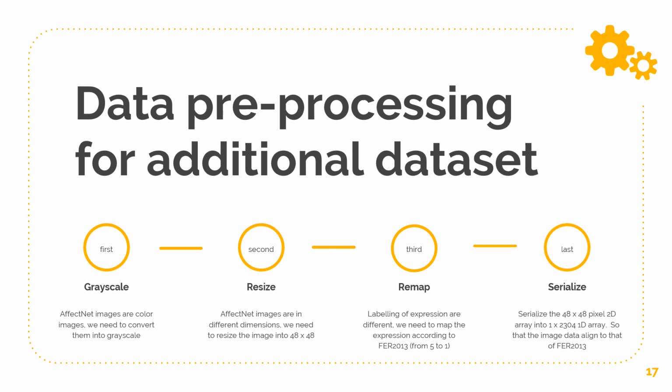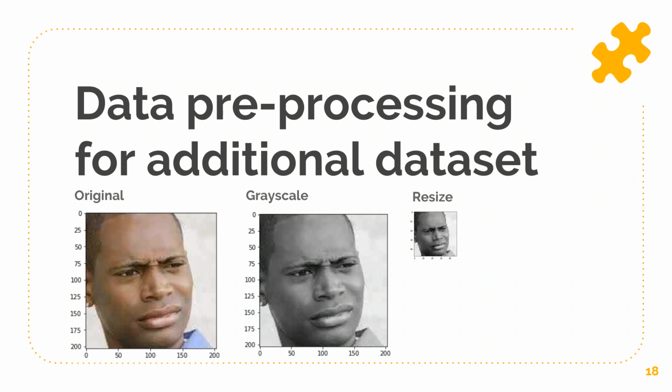Also, AlexNet uses different labeling for the expressions. For example, disgust, AlexNet labeled it as 5. However, the Kaggle FER dataset labeled it as 1. In the end, we need to serialize this 2D pixel array into one pixel array. This slide shows the visualization of our data processing.